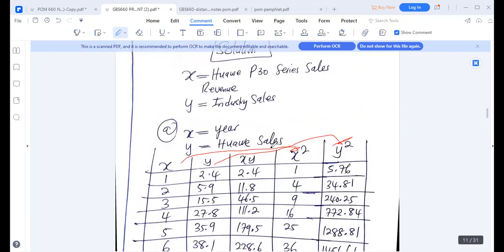Like I mentioned here, we have the independent variable and we also have the dependent variable.